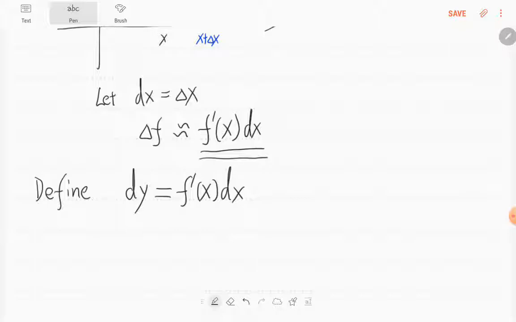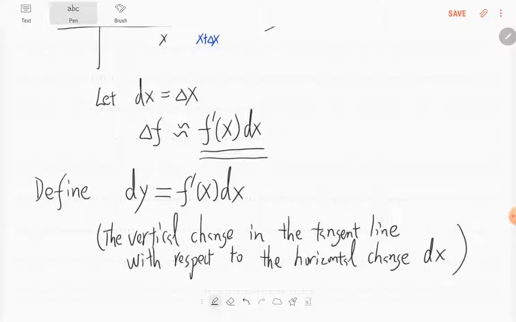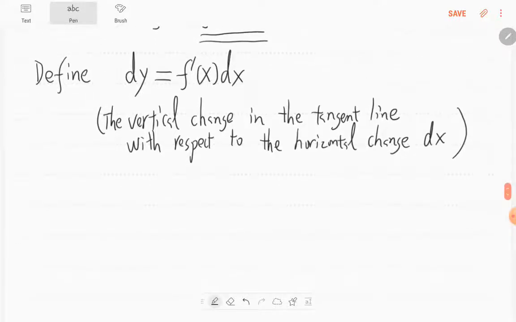So this dy is the vertical change in the tangent line with respect to the horizontal small change dx. We give the names dy and dx.